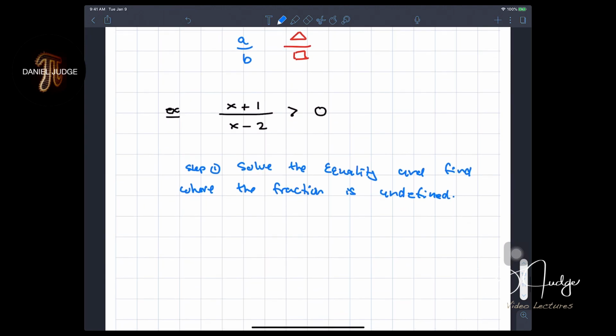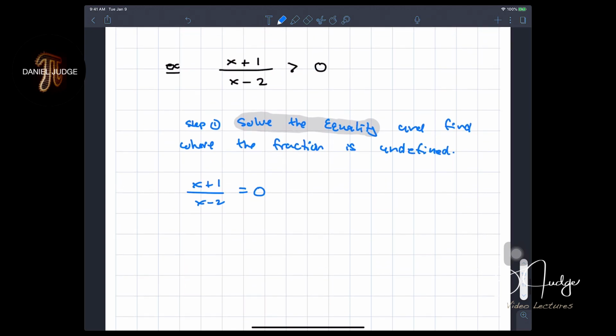So there's really two things here. Solving the equality is what I started to write down here. So here's those two things. You have (x plus 1) over (x minus 2) equals 0. So that's the first thing we have to find. And we also have to find where (x plus 1) over (x minus 2) is undefined.